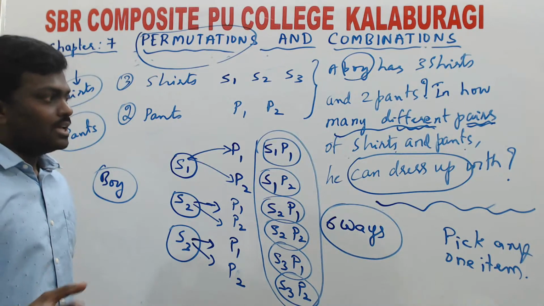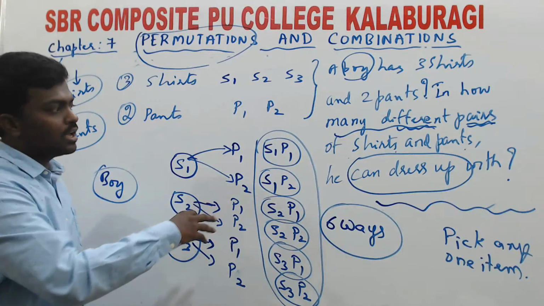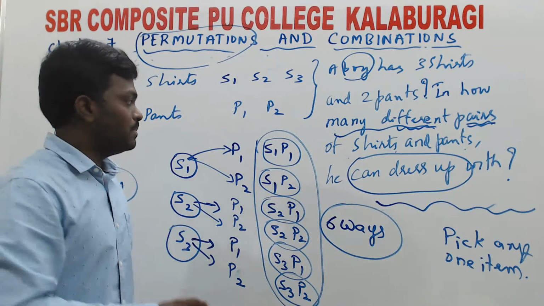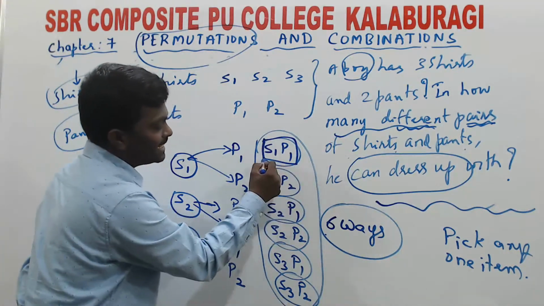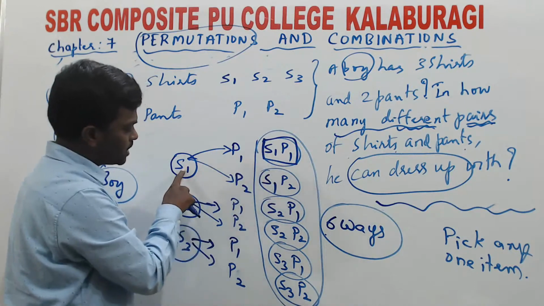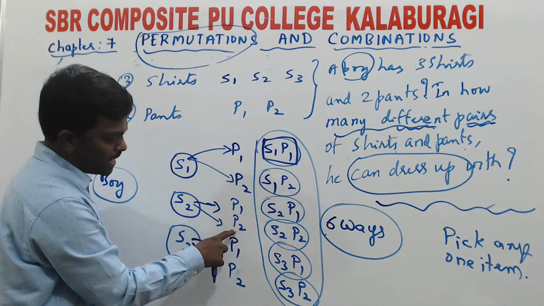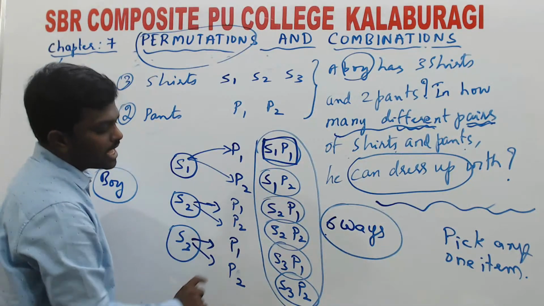5 ways. But the same question, if I frame it in this way, in how many different pairs a boy can dress up, means in how many ways he can dress up. Shirt one with P1, P2, second shirt with first pant and the second pant, the third shirt with first pant and the second pant.